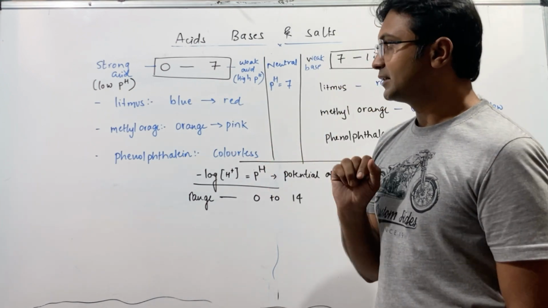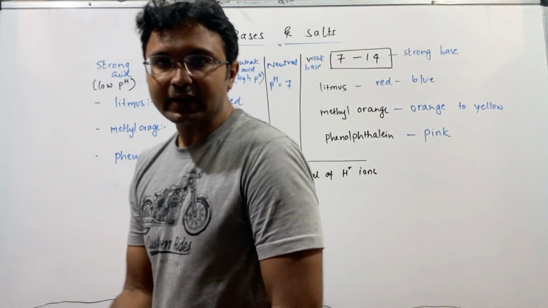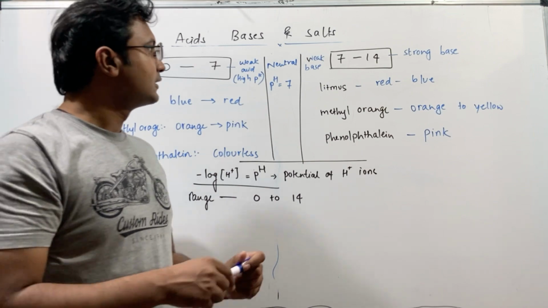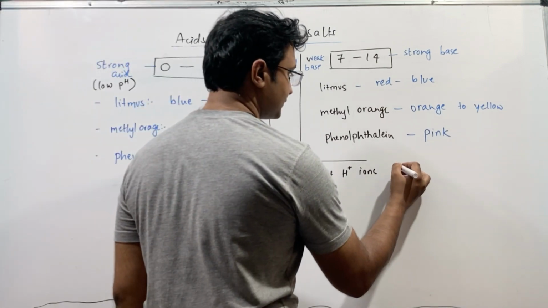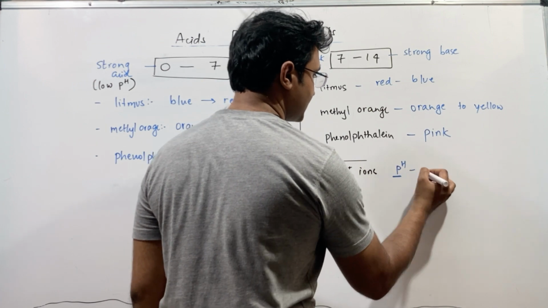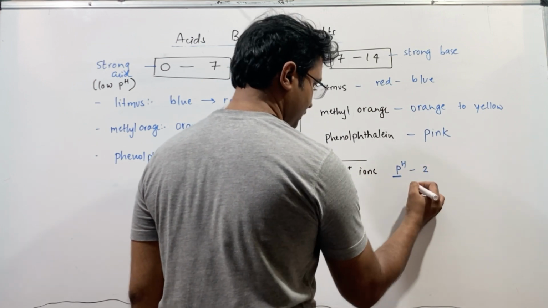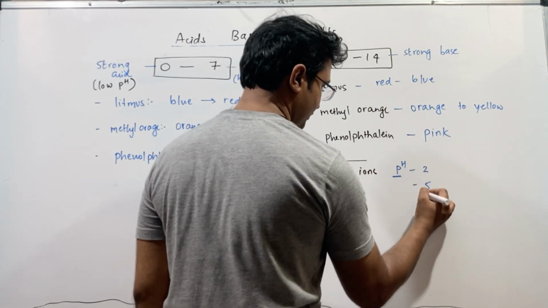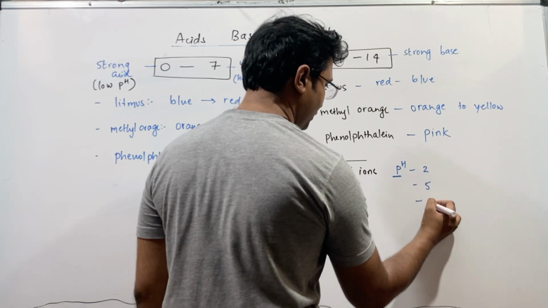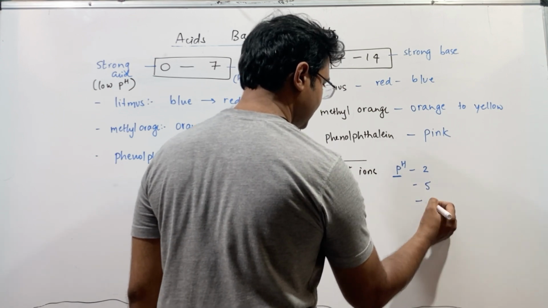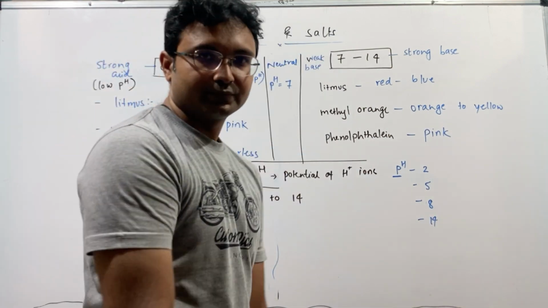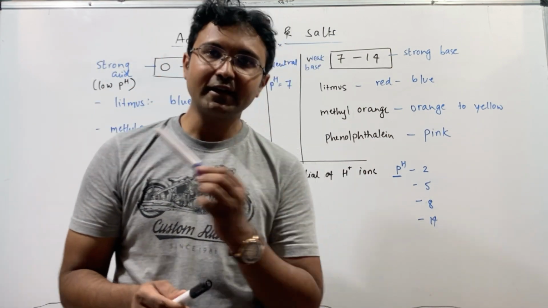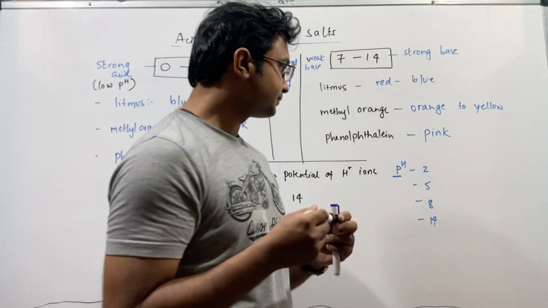In this particular topic, they can twist and ask you questions like this. They give you, for example, a pH range, say 2, say 5, say 7, or I'll take 8, and 14. And they ask which one is the strong acid and which one is the weak acid.